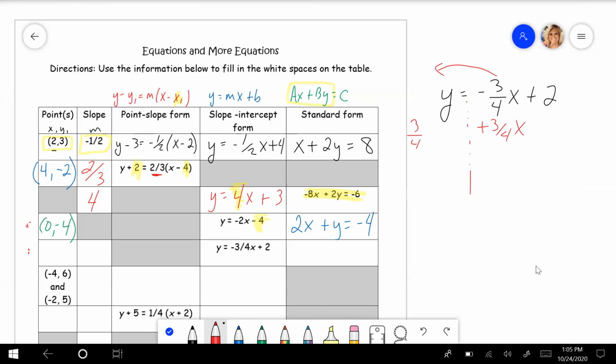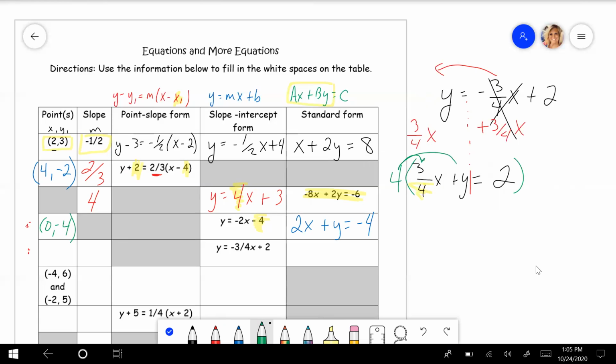So now I get 3/4 x plus y equals, these cancel, and they equal 2. Okay, the x is positive, but the problem is that we have a fraction. I need to get rid of this 4. So the way you do that is you're going to multiply the entire equation by 4.